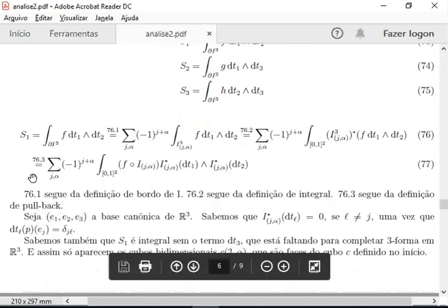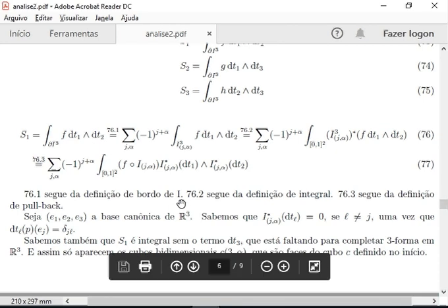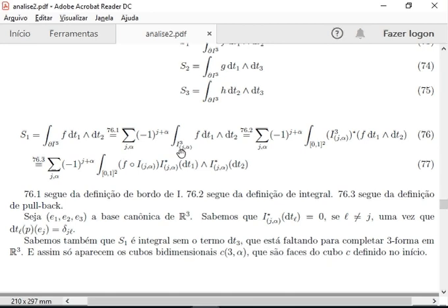S1, which is the integral of f dt1 dt2, by the definition of border of I, is the integral over the oriented faces of f dt1 dt2.